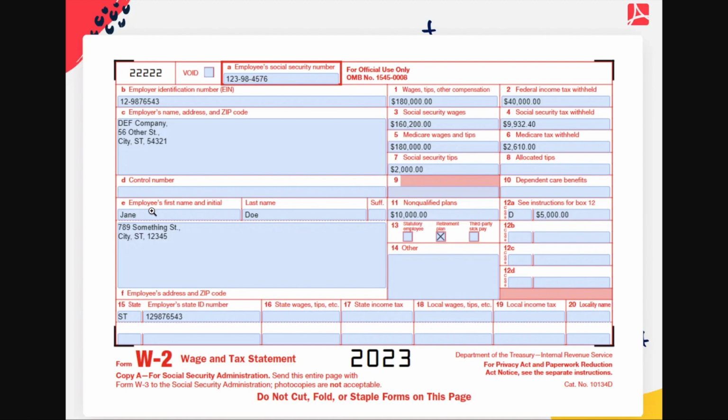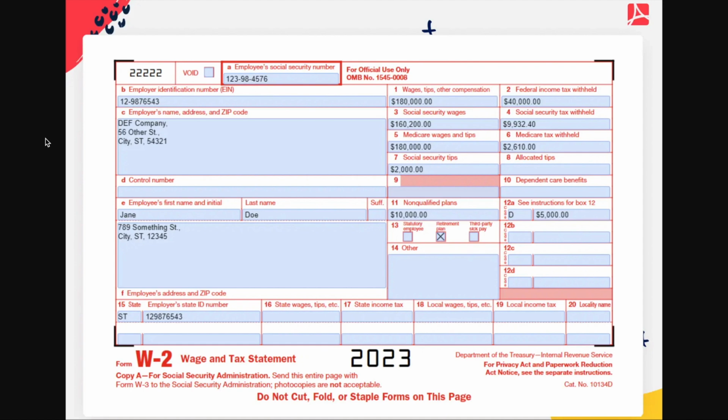Box E will have employee's first name, initial, and last name. In this case, it's Jane Doe. Their address will be listed in box F, employee's address and zip code. In this example, it is 789 something street, city, state, and zip code.